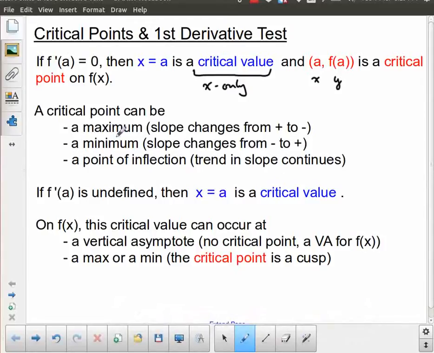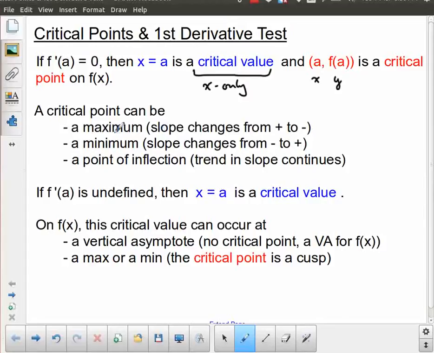These critical points can be a maximum. That is where the slope is equal to 0, but the reason I'm going to give you a different definition of this is because the slope equal to 0 is not a completely well-defined way of finding a maximum or a minimum, and we're going to be exploring that as well.